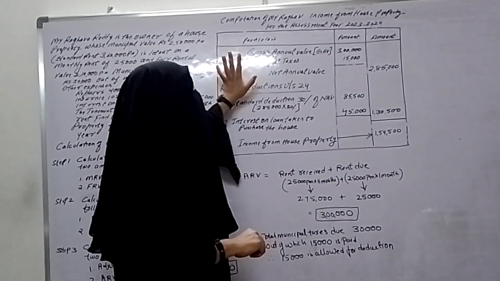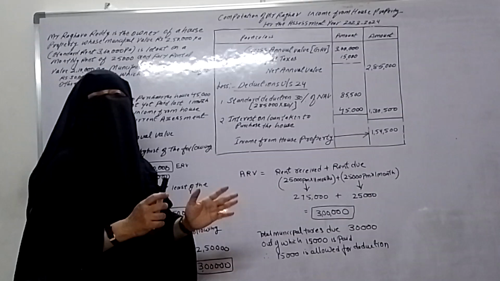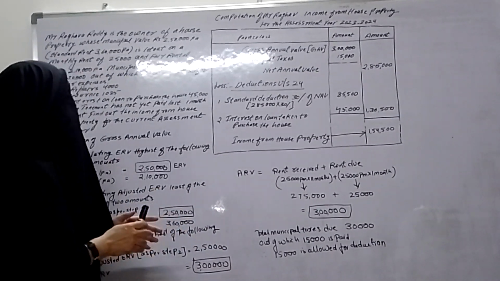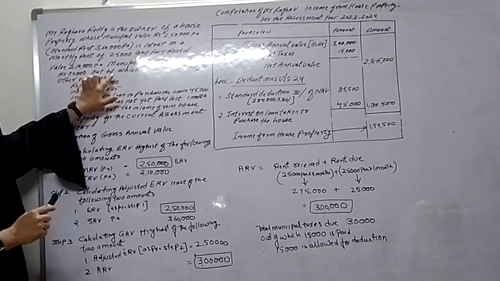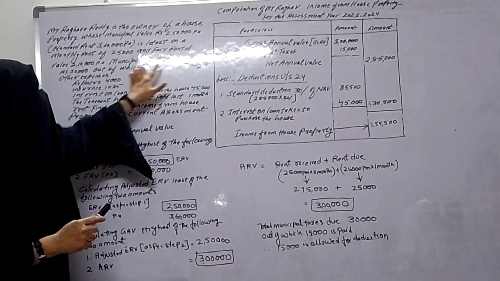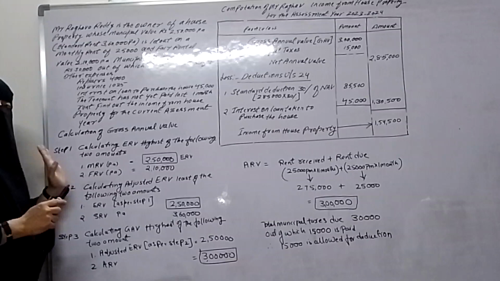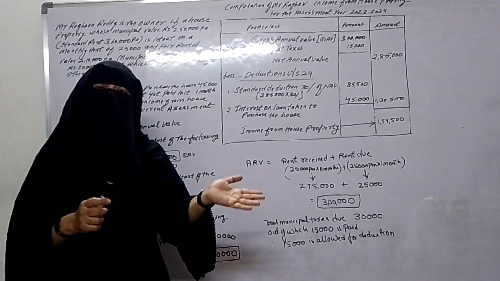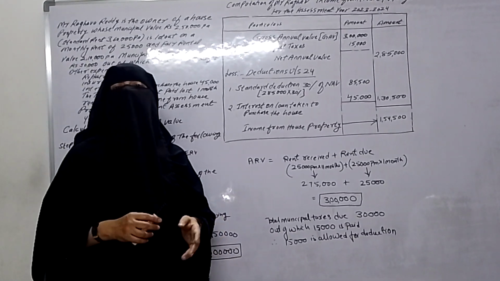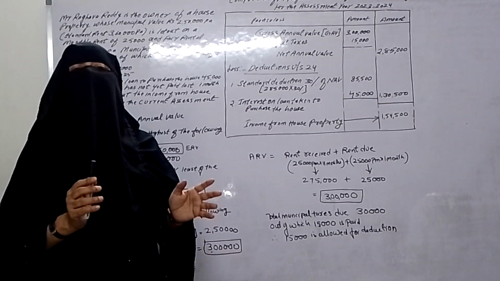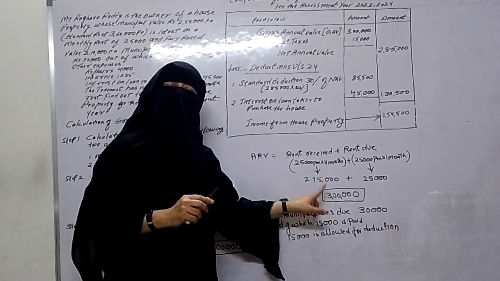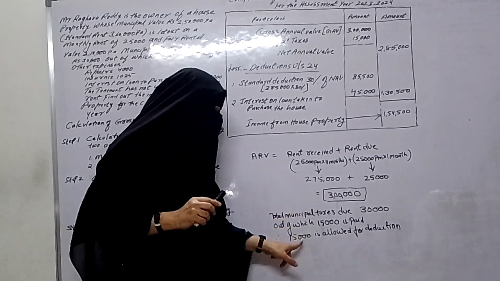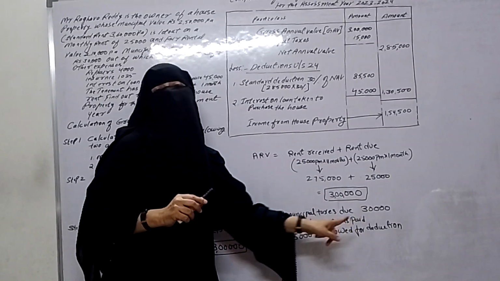From the gross annual value, subtract the municipal taxes. In the question it is given municipal taxes rupees 30,000, out of which 15,000 is paid so far. In my previous video I told you municipal taxes are allowed on payment basis only. Here municipal taxes are 30,000, but out of 30,000 only 15,000 is paid so far.